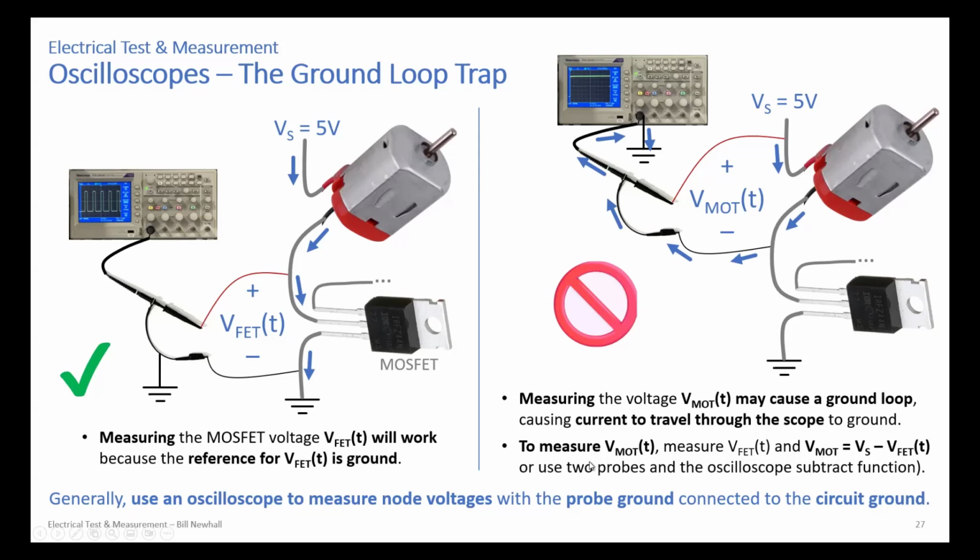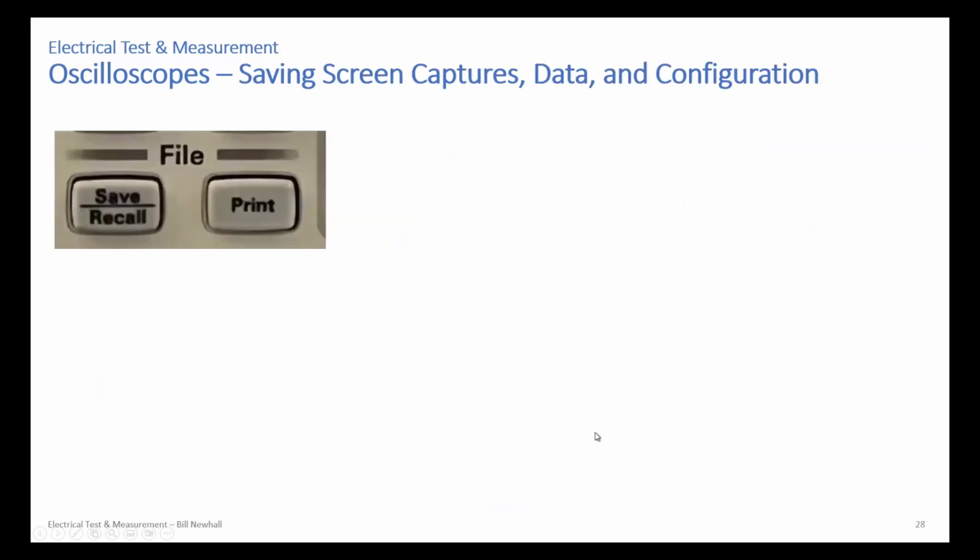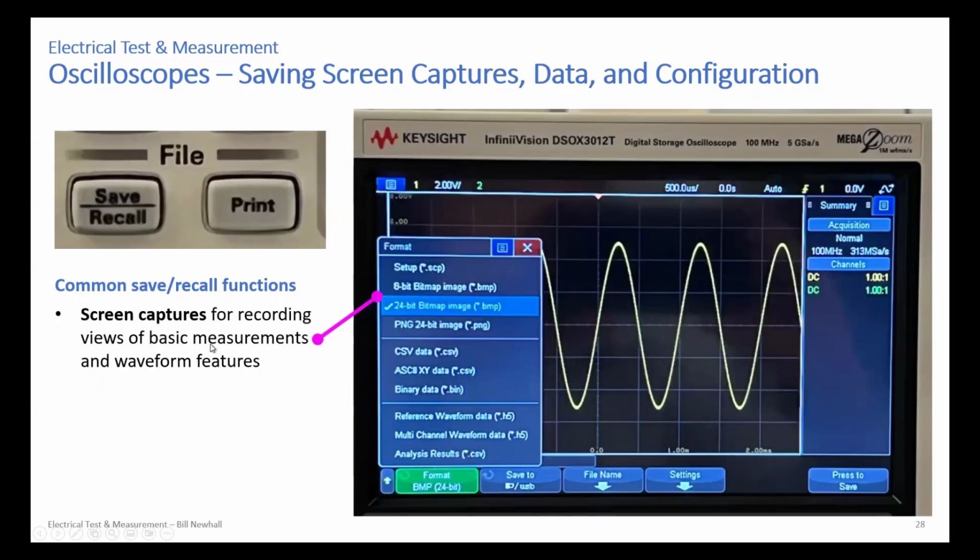Okay, so modern oscilloscopes let you save screen captures, let you save data files and configurations. So here's a file menu on your oscilloscope. Common save and recall functions are screen captures for recording views and basic measurements and capturing features of waveforms.